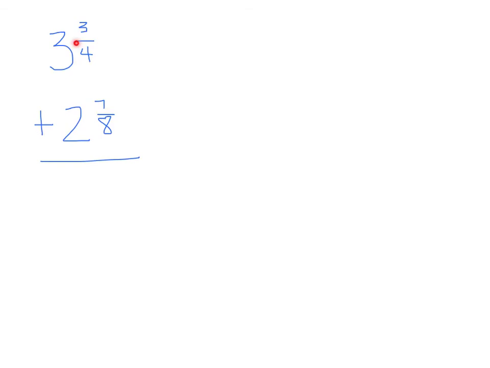So instead of doing lots of extra work, I think I'm just going to turn 3 3/4 into eighths. So when we're changing mixed numbers into common denominators, the whole number really stays the same. That doesn't ever change because a whole is a whole no matter what. And then since I have eighths, all I'm going to do is turn my 3/4 into eighths by multiplying by 2.